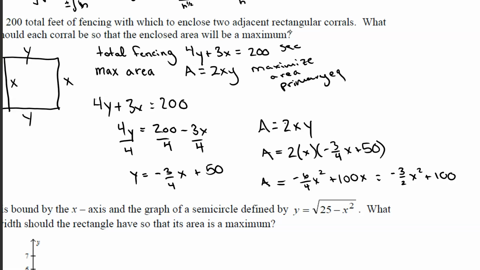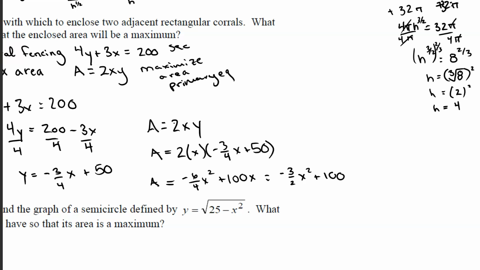All right, we need to think about numbers that make sense for our x and y. So both of them need to be positive. Right. Let's go ahead and do our optimization part, which requires us to set our derivative of the area equal to 0. So my derivative is going to have 2 times negative 3/2 x, and then the 100x becomes 100.